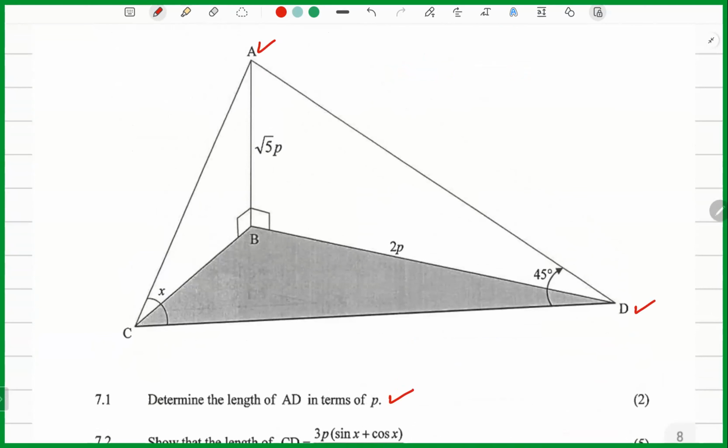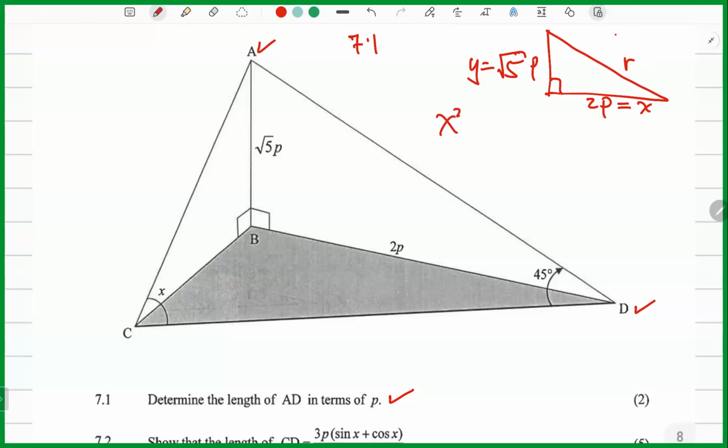Right, so this one is very, very easy to do. First and foremost, to do 7.1, we have this triangle here like this. This is the square root of 5p, and this one is 2p, and this is 90 degrees. This is y, and this horizontal one is x, and that is r.